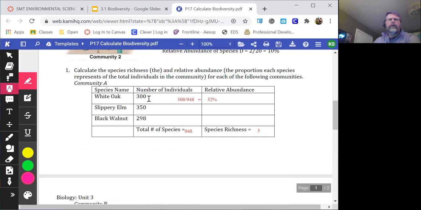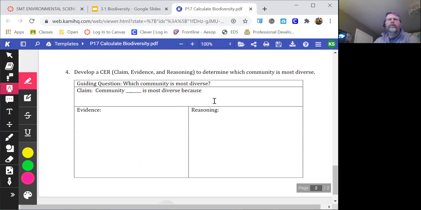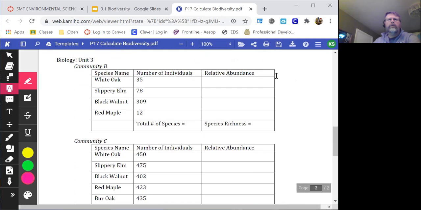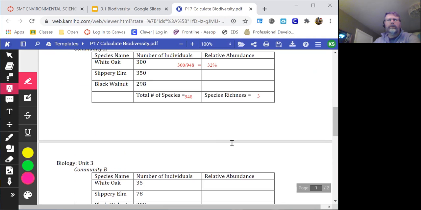So when we go to do this, you're going to add up all your numbers, take the individual number and divide it by the total, and then get your percentage. You're going to go through all those. And then what I really want to see in your assignment is your evidence and reasoning for the question of which of these 3 communities is the most diverse.